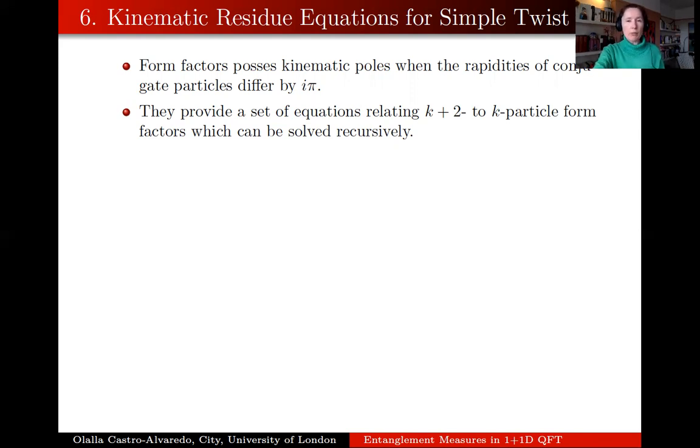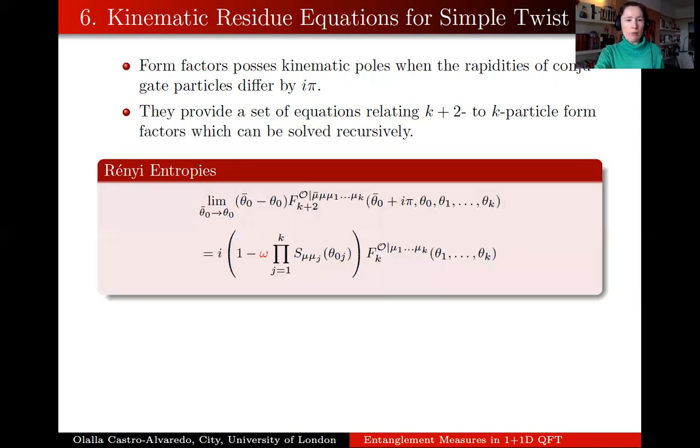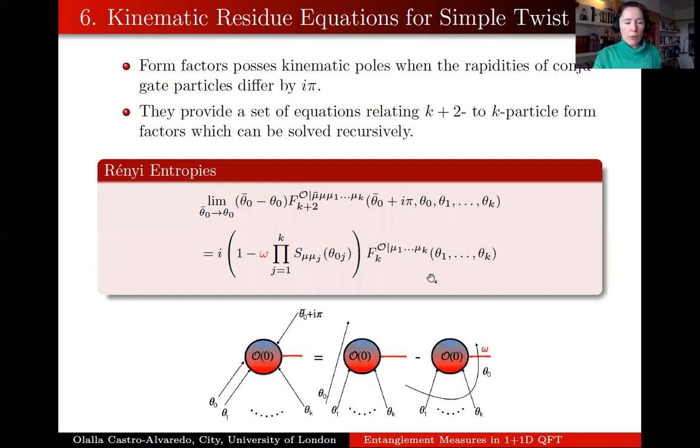So we get a relation between a k+2 particle form factor and a k particle form factor. And for standard fields or for simple twist fields, the relation looks like this. Okay, so we have antiparticle mu bar and particle mu. Rapidity is different by i pi. The residue is proportional to this form factor.